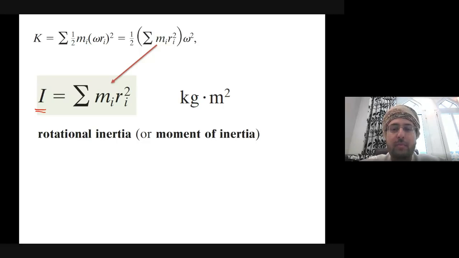Now, can anyone remember when was the last time we spoke about inertia in terms of translational motion, and what was the quantity that had something to do with inertia? No? Okay, Newton's laws, good. And in what way did we describe inertia? We said in Newton's laws that things are lazy.